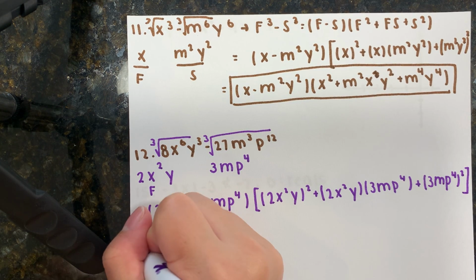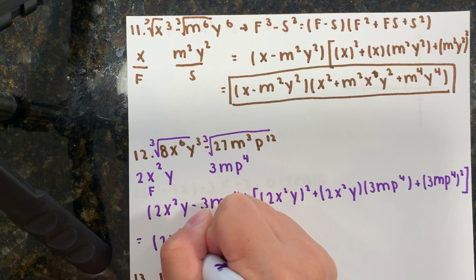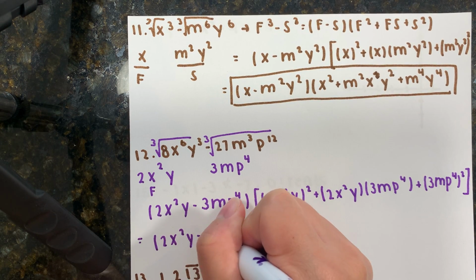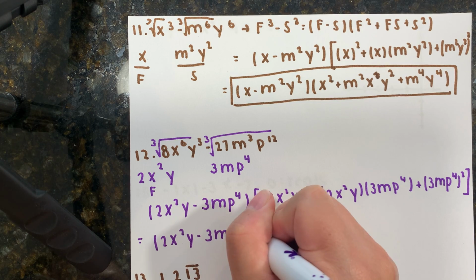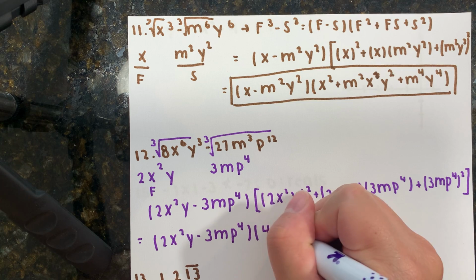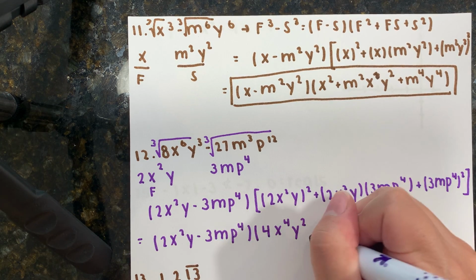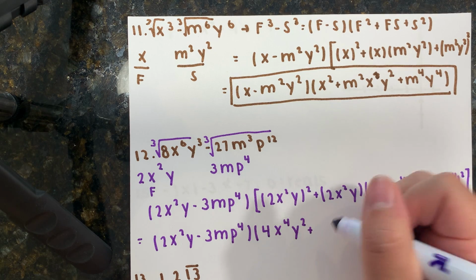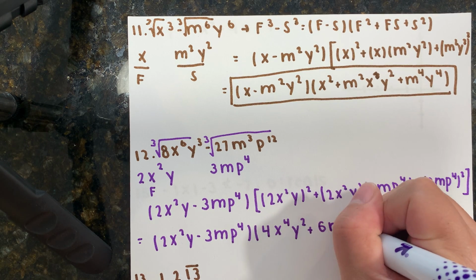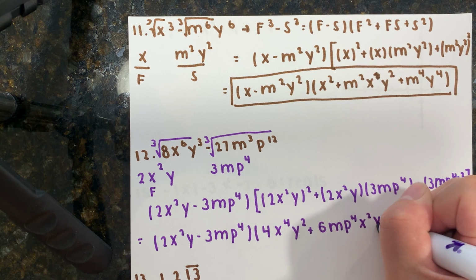Now the left parenthesis is going to stay exactly the same at 2x squared y minus 3mp to the 4th. I'm going to square this term, which would be 4x to the 4th y squared. Multiply these together, which would be 6mp to the 4th x squared y.